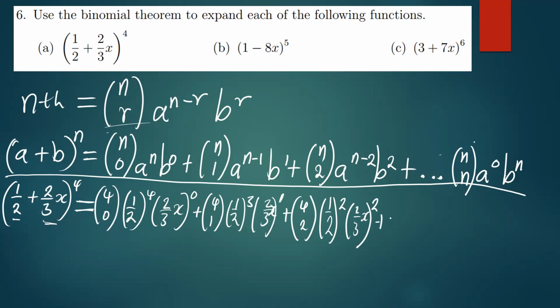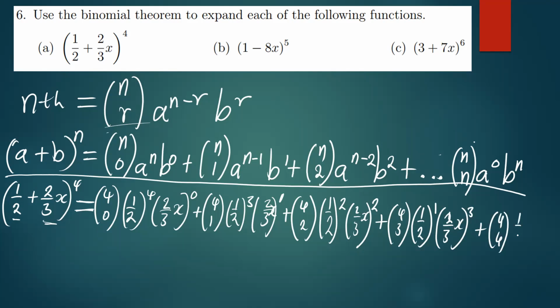And then we have the other term, which is 4 choose 3. And we have 1 over 2 raised to the power 4 minus 3. This is 1. And then here we have 2 over 3x to the power 3. And then the last term is going to be 4 choose 4.